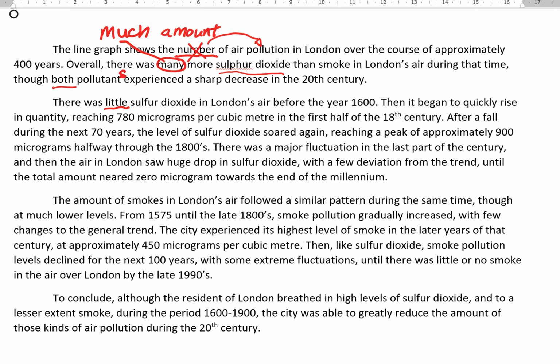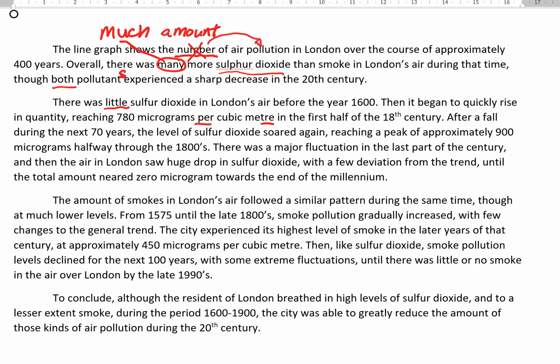There was little sulfur dioxide in London's air before the year 1600. Then it began to quickly rise in quantity, reaching 780 micrograms, plural, right, per cubic meter. That's right. Per means each, and so meter is singular. Good. Each meaning singular, yeah?